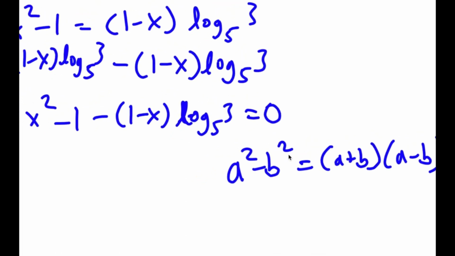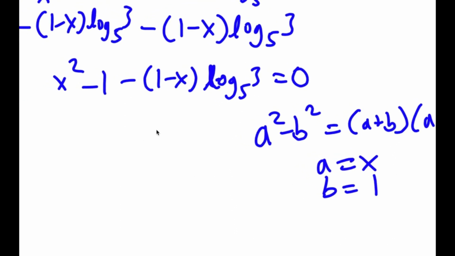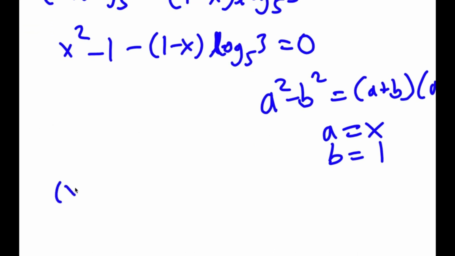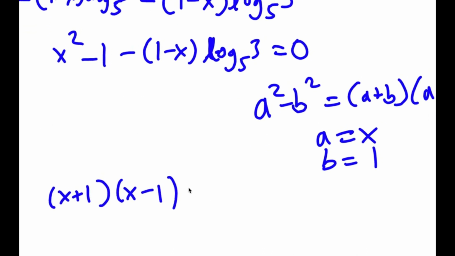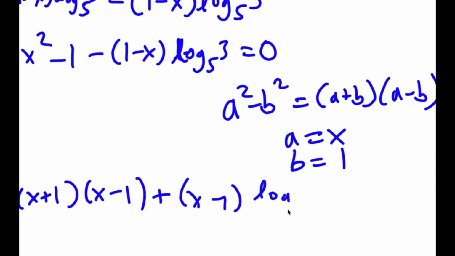In this case, a is equal to x and b is equal to 1. So x squared minus 1, that's going to equal x plus 1 times x minus 1. And now I have this plus x minus 1 times log base 5 of 3 is equal to 0.